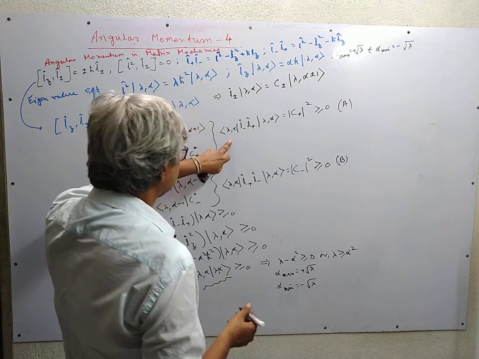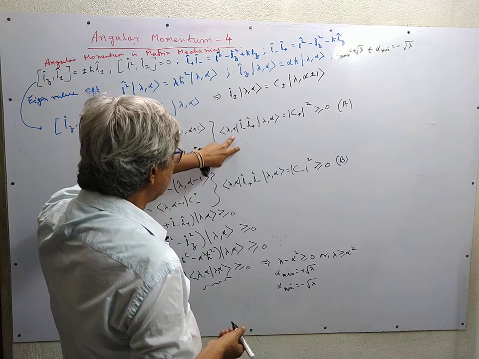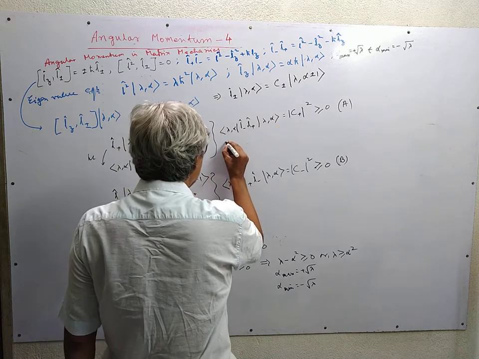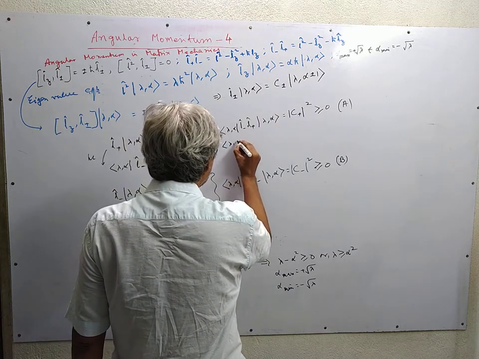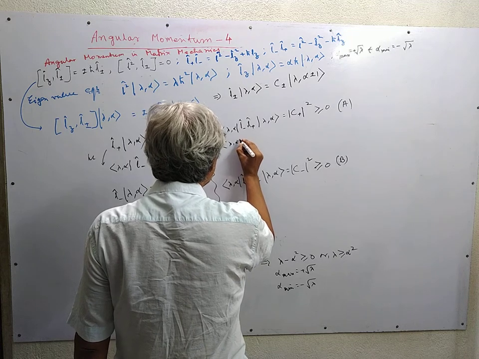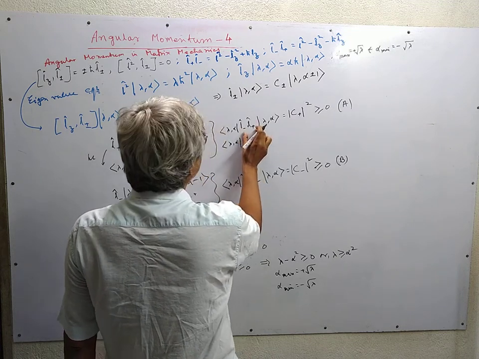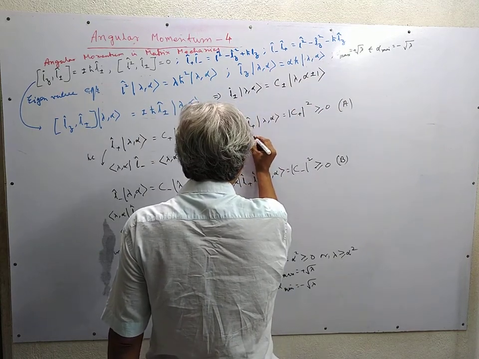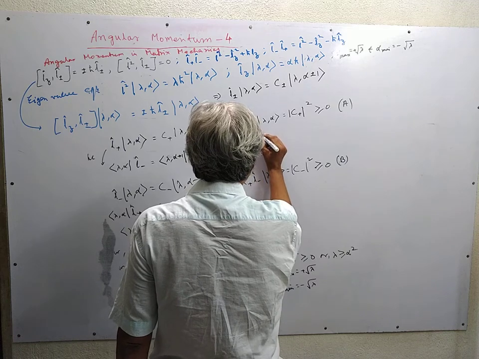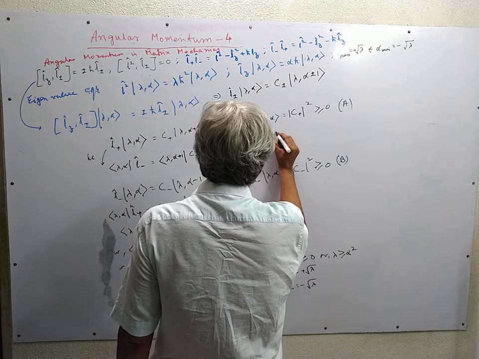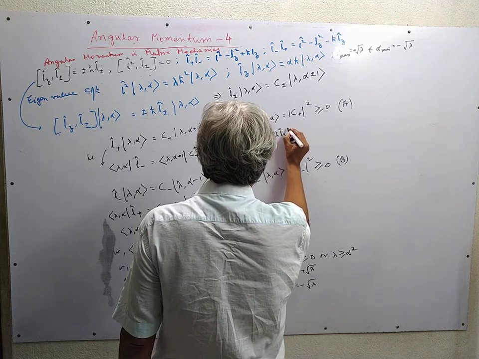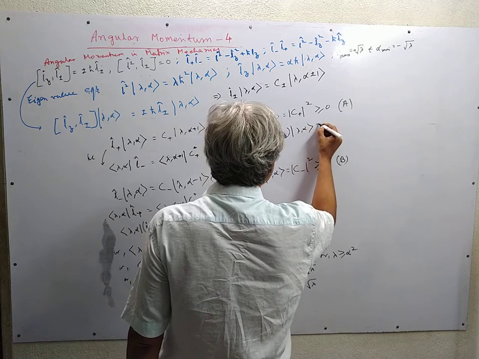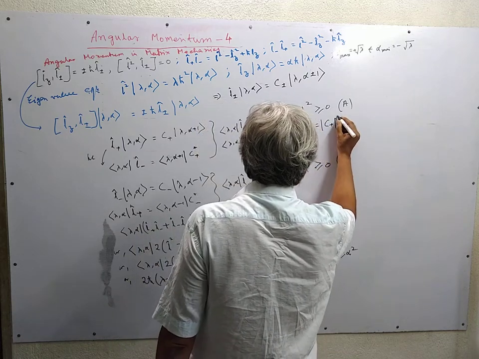Coming to this equation, we know that this is the relation, so we write it: L minus plus is this L square operator minus LZ operator square minus ħ LZ operating on lambda alpha is equal to modulus C plus square.